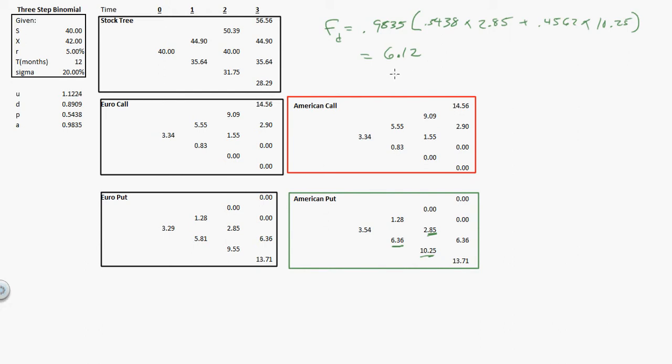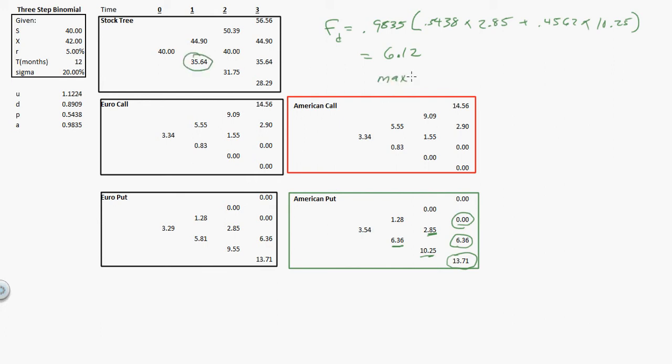But what else do you have? What do you have the option to do? You can either keep this option, or you can sell it to somebody at the market price, and if you keep it, you're hoping the stock continues to go down and you eventually get 13.71, but maybe you get 6.36, maybe you get $0. Well, what's the current stock price? If it goes down one time, it's 35.64.